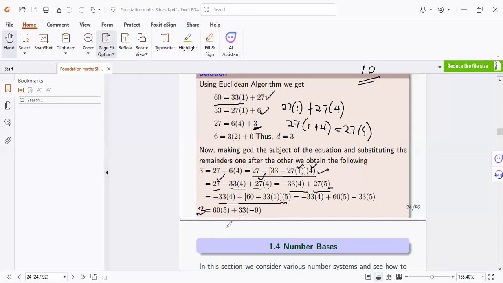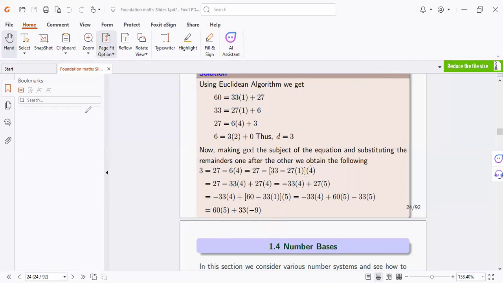For instance, this time the base here is 60, and you can see that 3 and 60 are not relatively prime. So that 3 cannot have an inverse in base 60, because they are not relatively prime. But we shall come to that later.